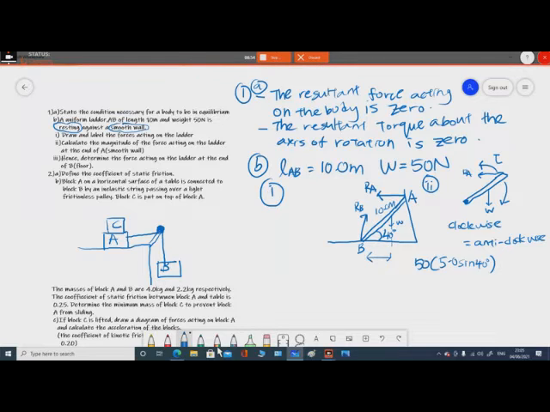Okay, let me explain how 5 sine 40 comes. Okay, so this is the ladder and this is my weight. We know that the weight is at the middle of the ladder, so this one should be 5 and this one is B, so this is 40.